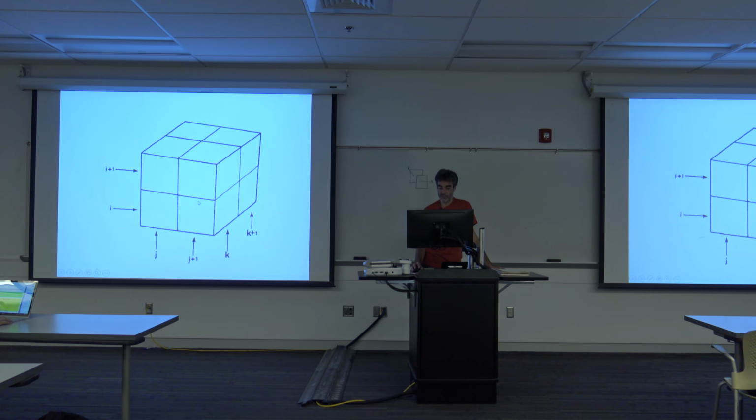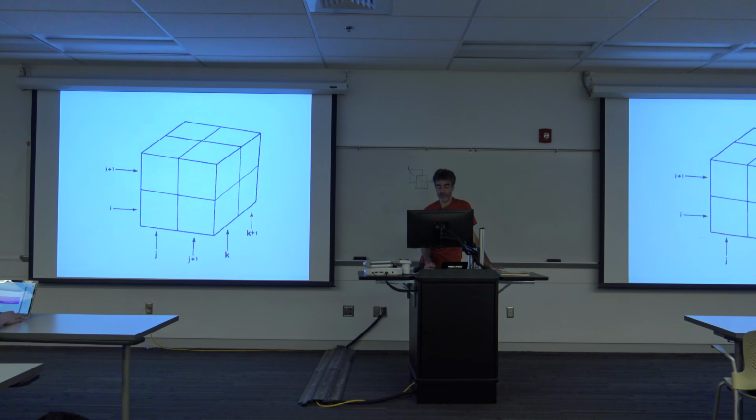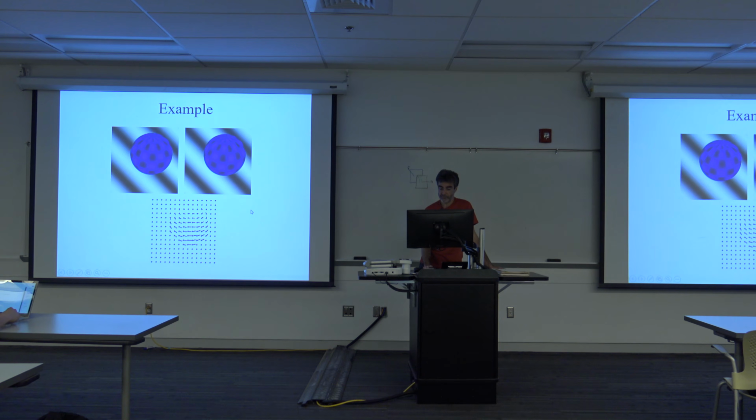This would be 4 pixels of the image at time k, and the ones behind would be the same 4 pixels at time k plus 1. And then with that, you can compute the partial derivative with respect to x by comparing the neighboring pixels in the x direction. You can do the same for the y direction, and for the t direction, the time. All right.